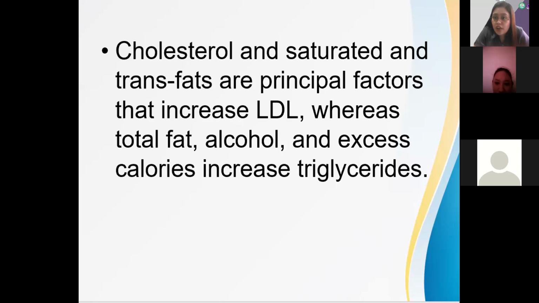So take note, cholesterol and saturated and trans fats are principal factors na mag-increase ang atuang LDL. So kung mahilig ka magkaon og cholesterol-rich foods and mga saturated and trans fats-rich foods, kana number 1 yun na siya na makapa-increase og LDL kay daghan man ka og source.